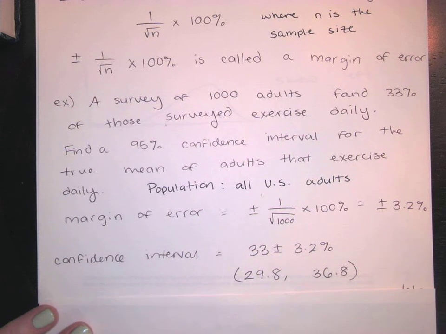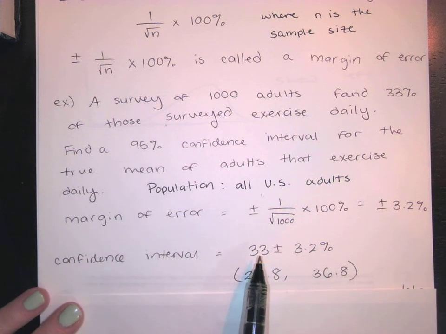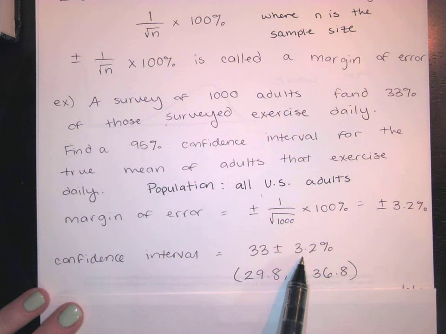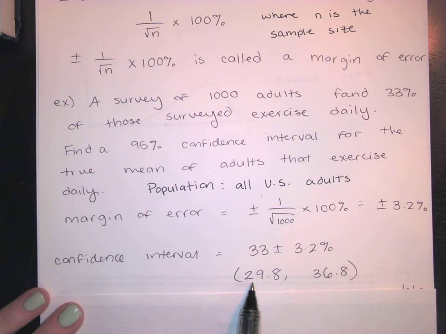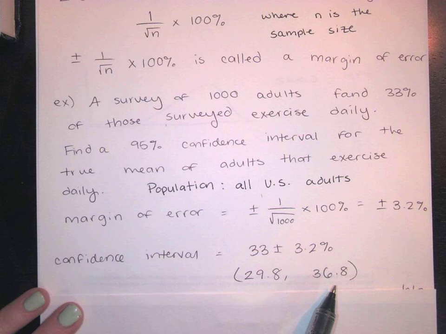So I can write out a confidence interval, the value that I obtained in my study, 33, plus or minus this margin of error, 3.2%. If I subtract 3.2 from 33, I get 29.8. And if I add 3.2 to 33, I get 36.8. So a 95% confidence interval is from 29.8 to 36.8% of United States adults.